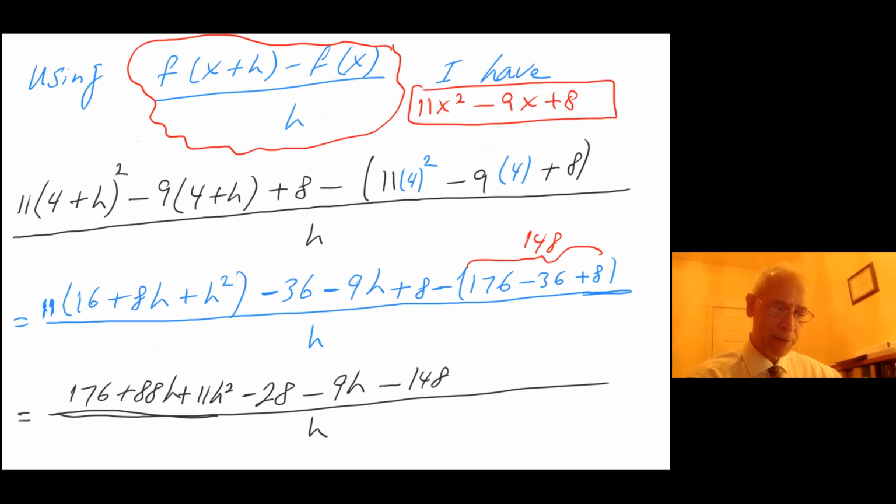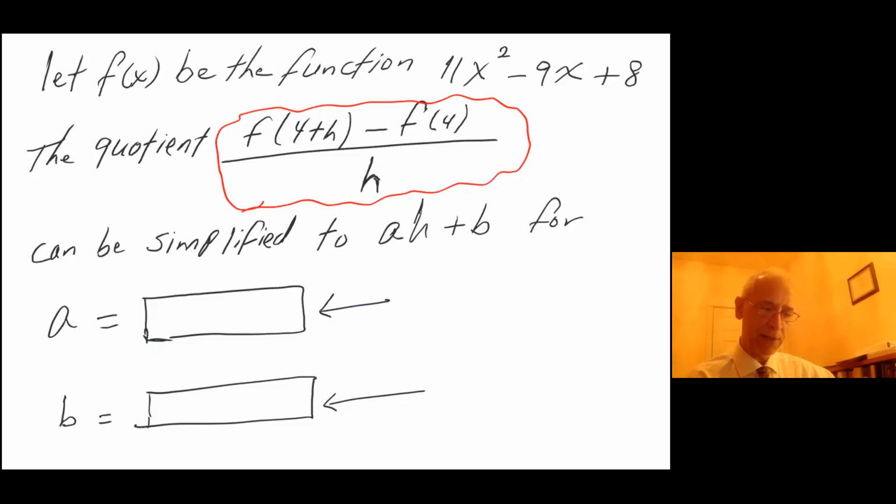All right. So here's my 11. I'm going to replace x with 4 plus h. Why 4 plus h? Because it's given to me. Let's look at right here. It says let f of x be function 11x squared minus 9x plus 8.